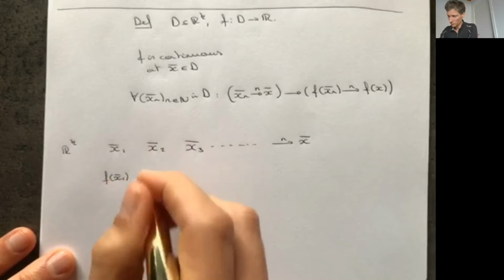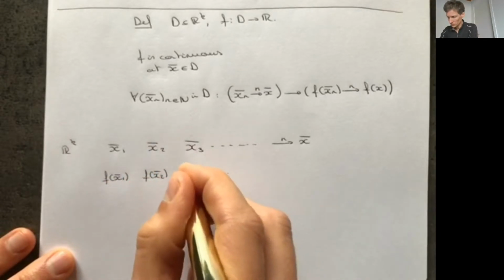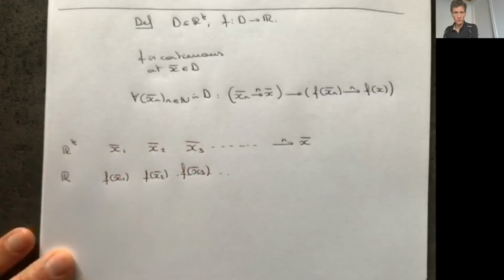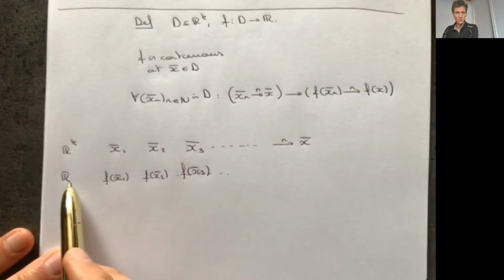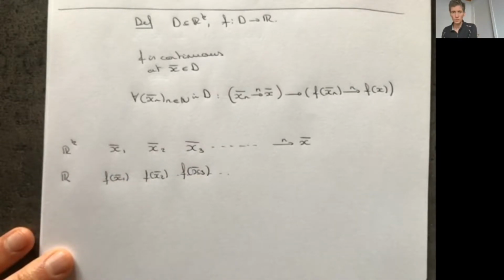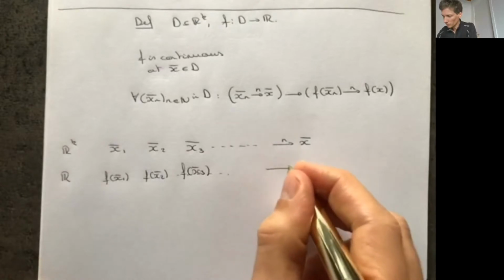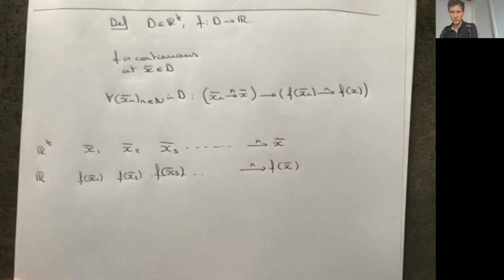If we map x2, then we have f of x2, and so on, f of x3, and these are all elements in R. So basically this is a sequence of numbers in R, and it's possible that this converges to some number. If f is continuous, then it will converge, and the thing it will converge to is exactly f of x.